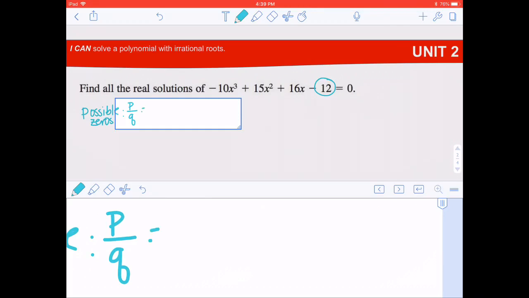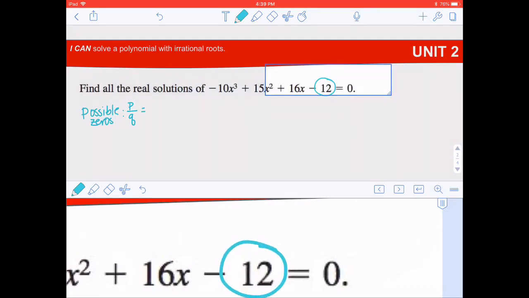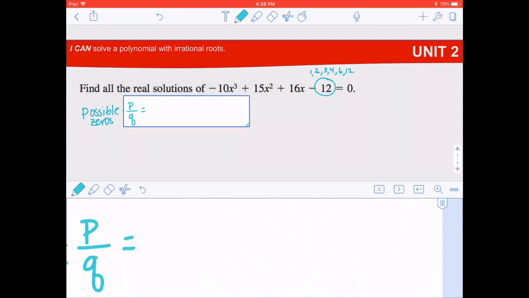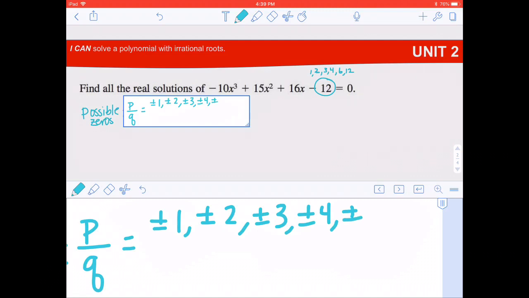So for 12, its factors are 1, 2, 3, 4, 6, and 12. So I'm going to come up here, we have plus or minus 1, plus or minus 2, plus or minus 3, 4, 6, and 12.